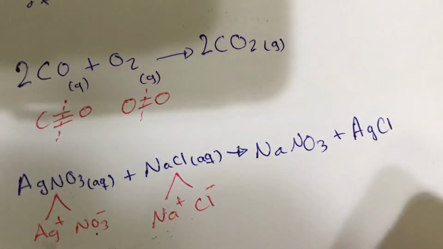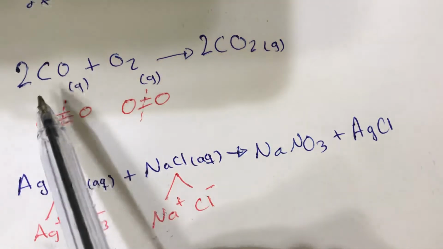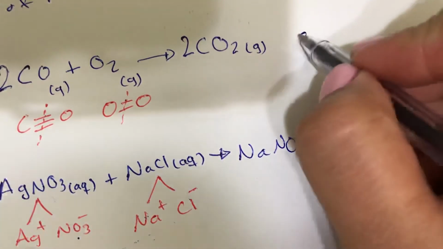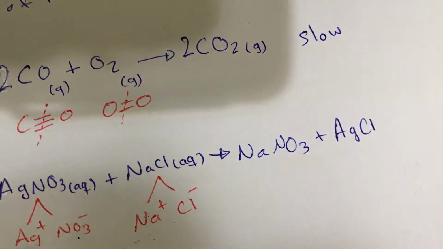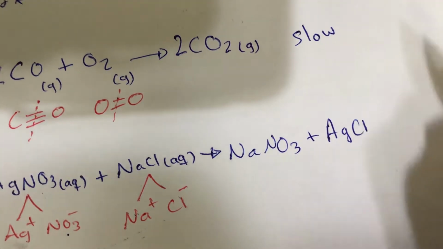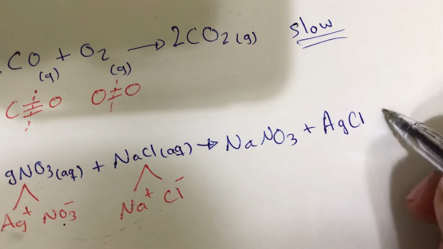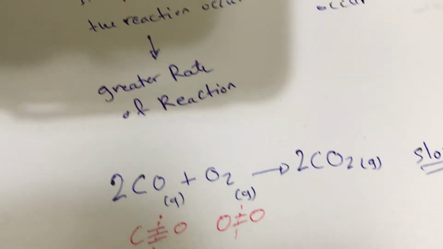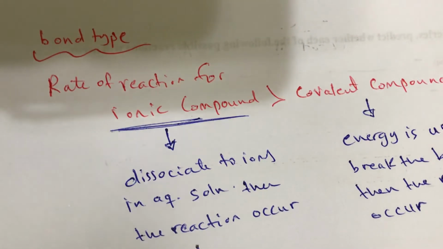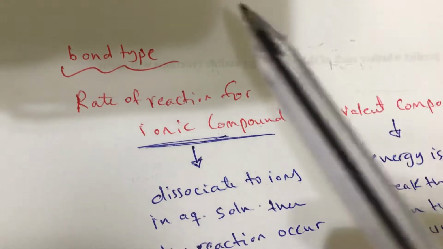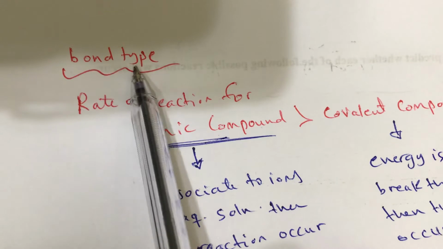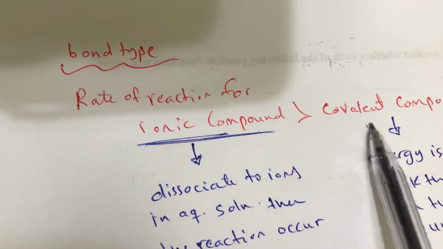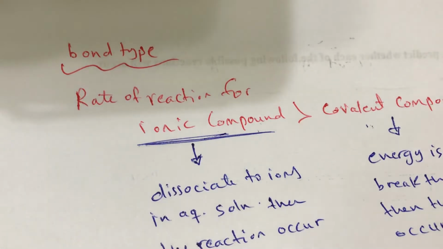So if you have covalent compound, the rate of reaction is slow, and if you have ionic compound, the rate of reaction is fast. So the second condition, bond type: the rate of reaction for ionic compound is greater than covalent compound.